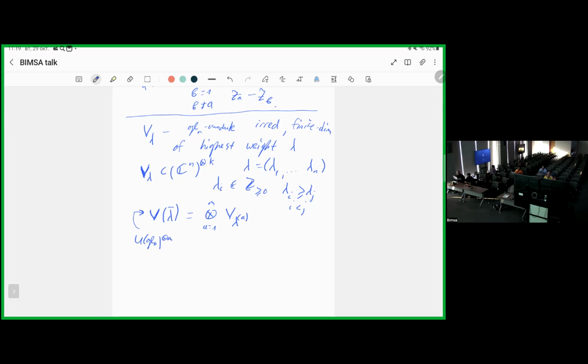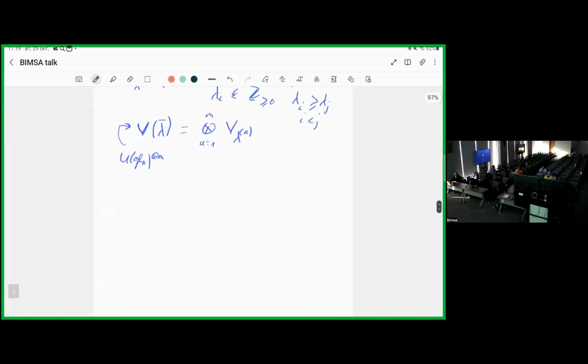And well, usually what physicists do after they come up with such an algebra, they try to simultaneously diagonalize the images of the elements of this algebra in the representation. And so let me consider an eigenvector.